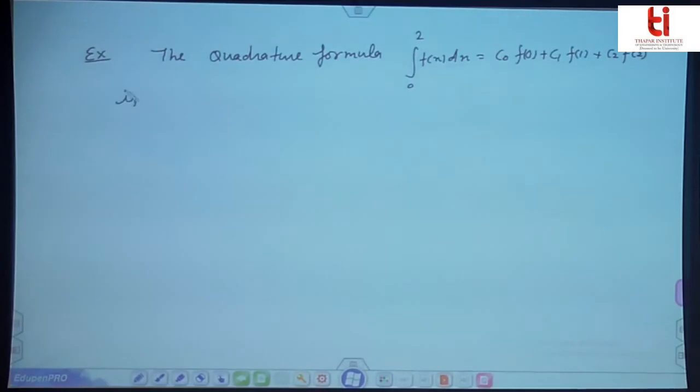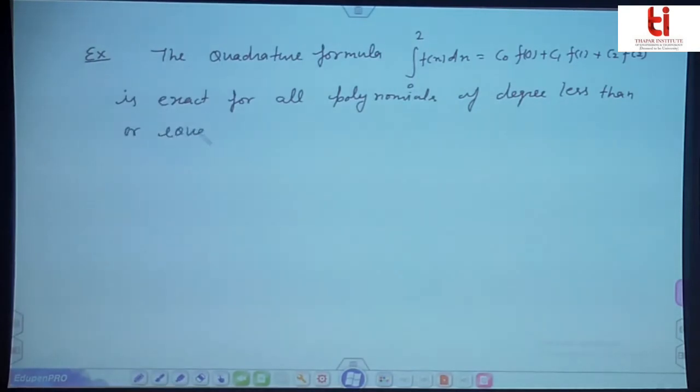It is exact for all polynomials of degree less than or equal to 2, then determine c0, c1 and c2.